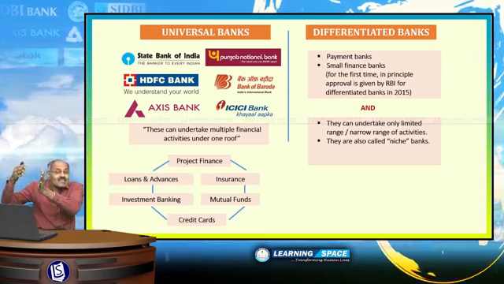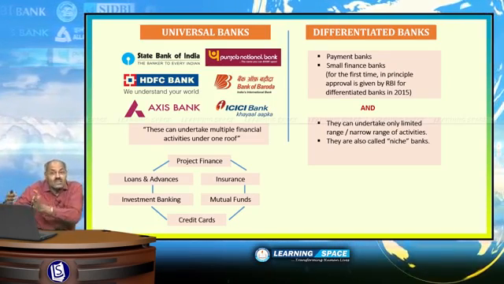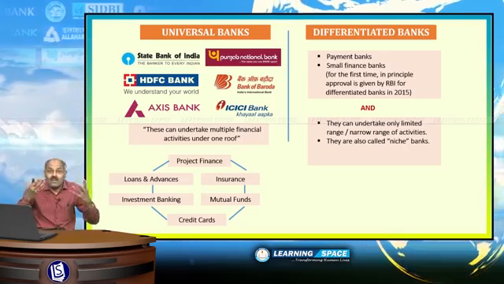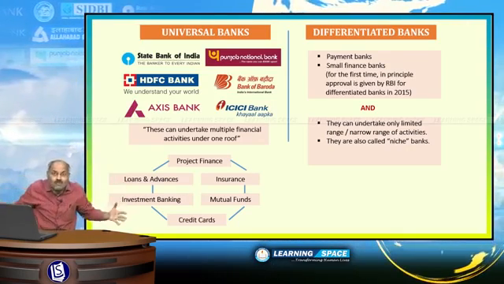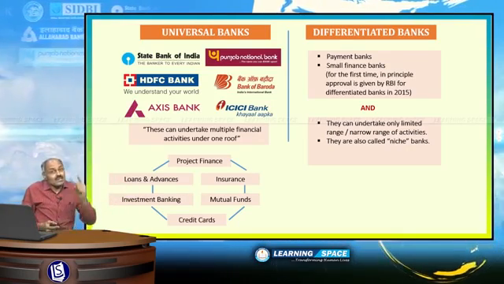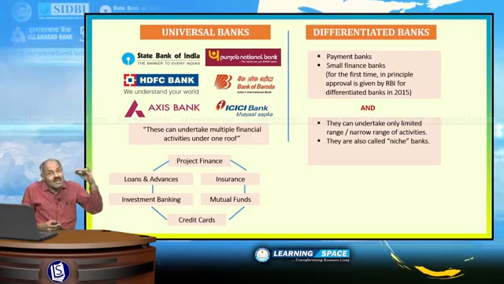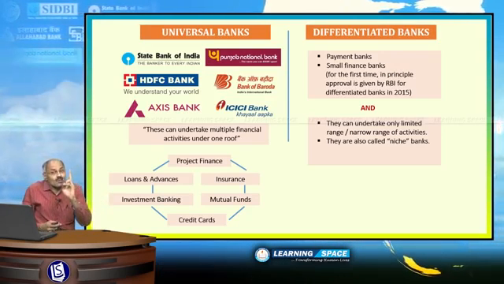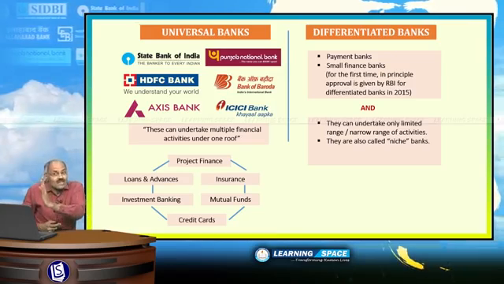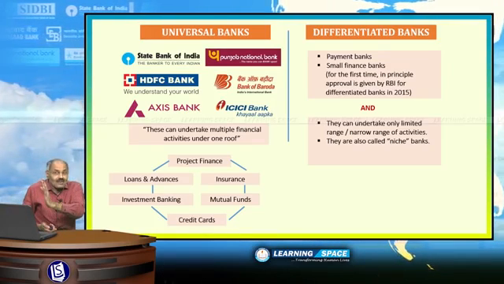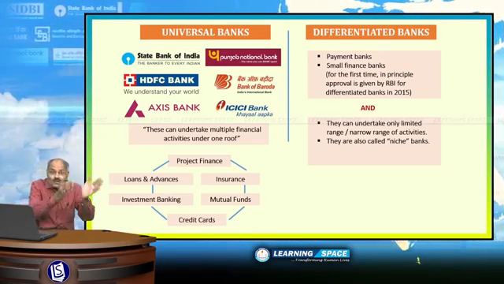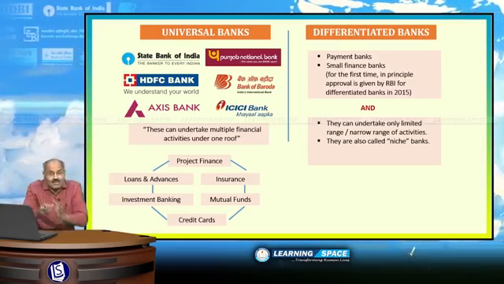They will be specialized in their narrow sphere of operation. They cannot undertake all types of banking operations. Reserve Bank for the first time gave licenses for two types of differentiated banks recently. Right? Are you clear about universal bank and differentiated bank?